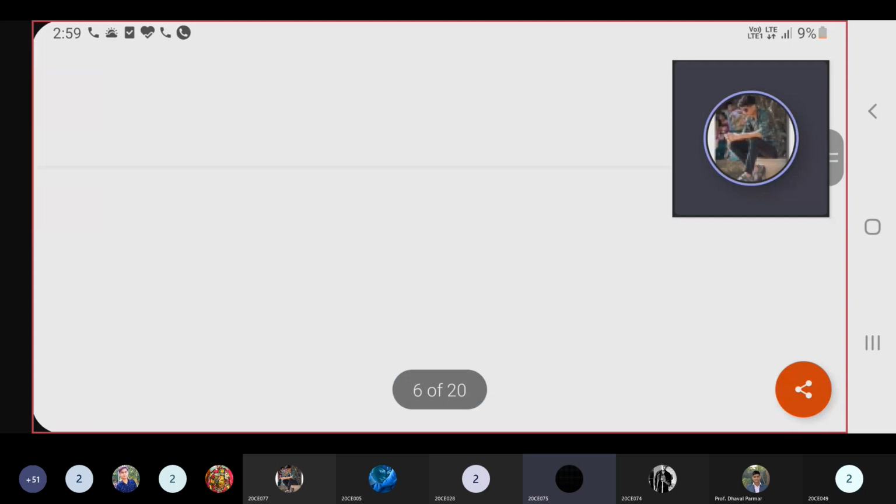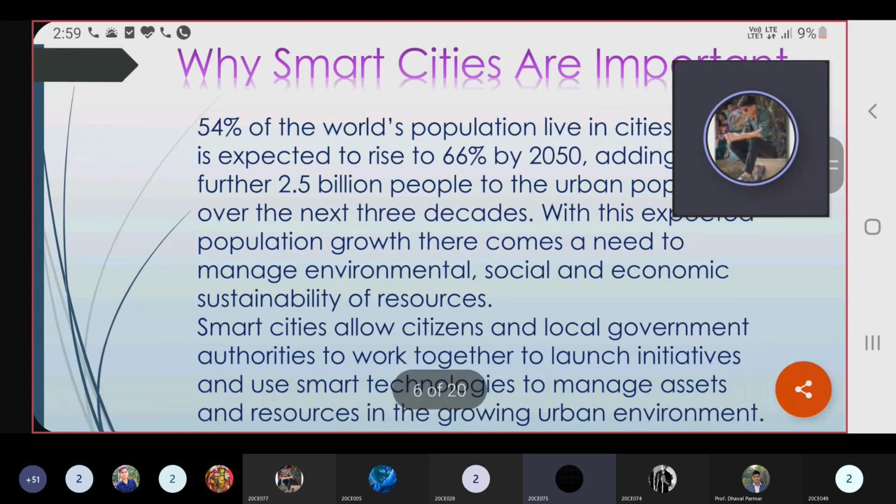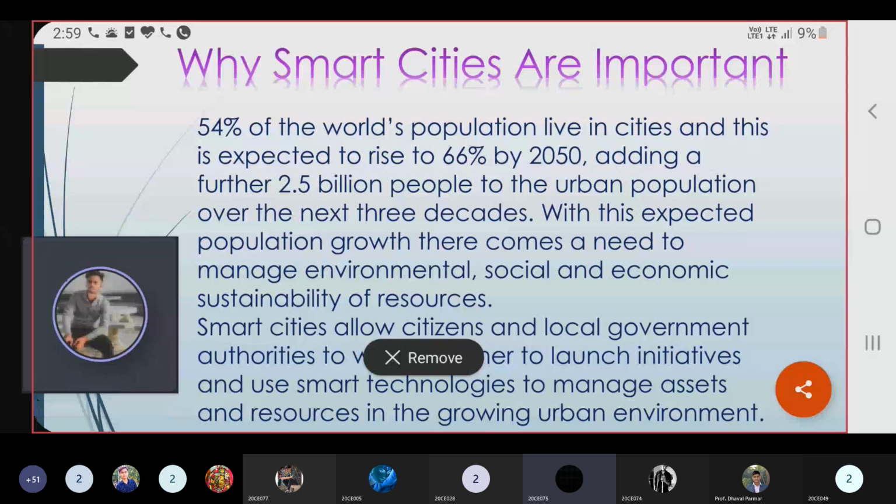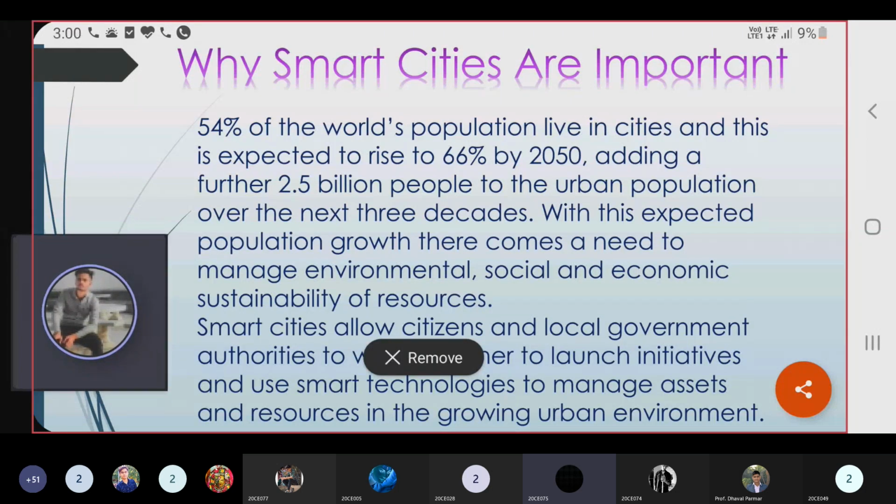Hello everyone, good afternoon. Today we would like to say why smart cities are important. According to Google information, 54% of the world population lives in cities, and this is expected to rise to 66% by 2050, adding a further 2.5 billion people to the urban population. Over the next 3 decades, with the expected population growth, there comes a need to manage the environmental, social, and economic sustainability of resources.